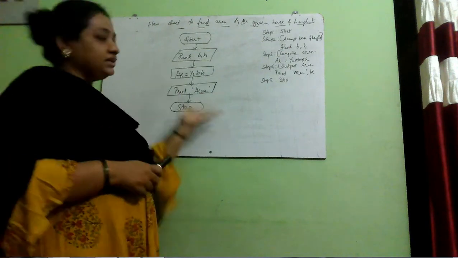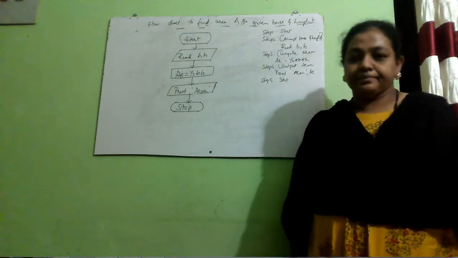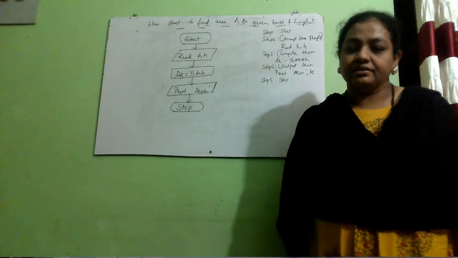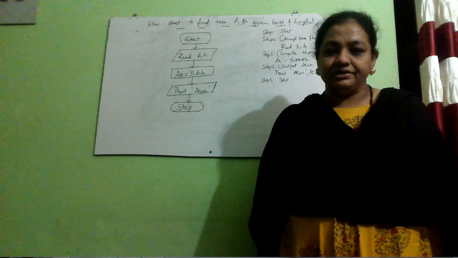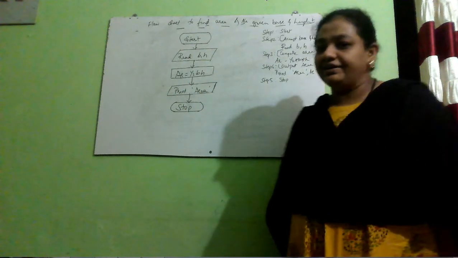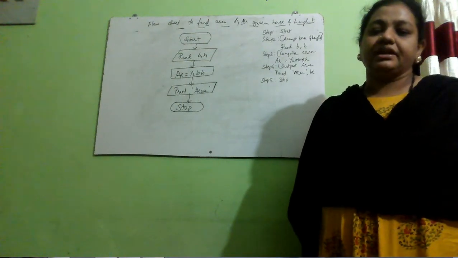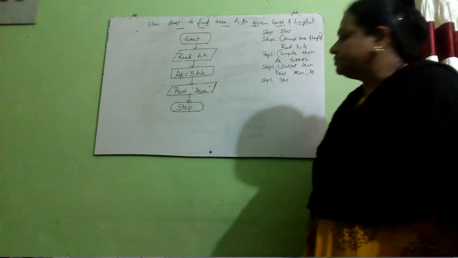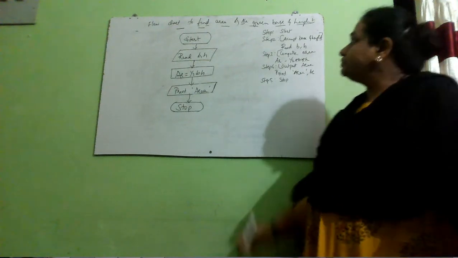The area of a triangle when given base and height is half into base into height. So area is half into base into height. Once we have calculated the area, we can print the area.